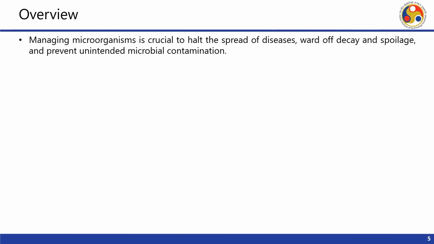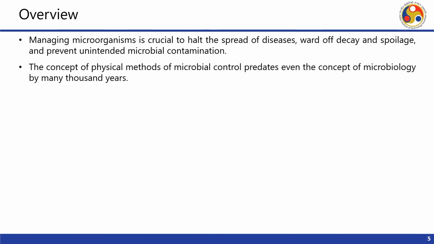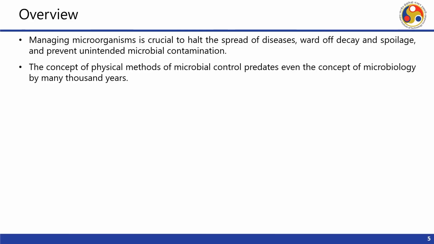We start with an overview. We already know that managing microorganisms will help us halt the spread of diseases, ward off decay and spoilage, and prevent unintended microbial contamination. In this context, the concept of physical methods of microbial control predates even the concept of microbiology by many thousands of years.